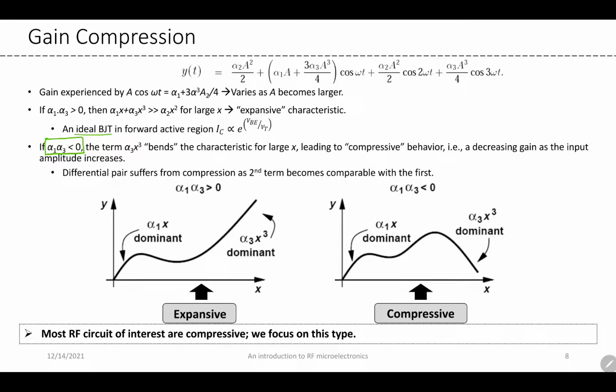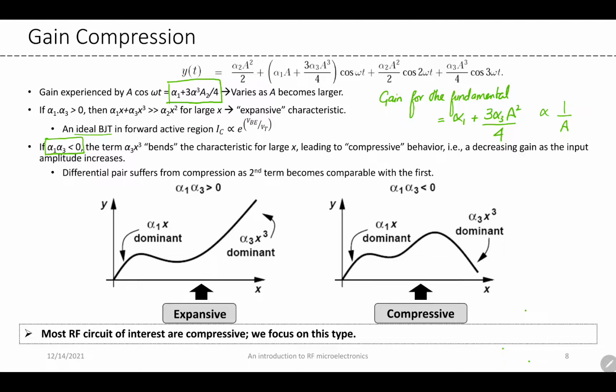And then the gain for the fundamental, which is alpha 1 plus 3 alpha 3 a squared by 4, decreases with a. Why does that happen? That happens when alpha 1 times alpha 3 is negative.